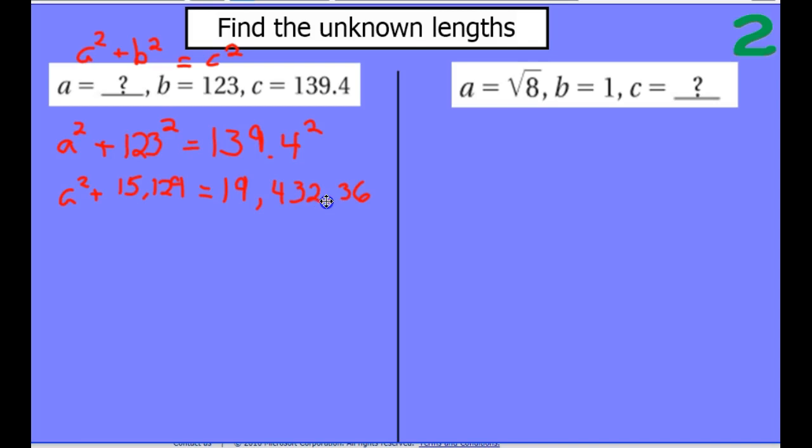Alright, so what we need to do now is get a by itself. So we need to subtract 15,129. Just like any other equation, we're getting something by itself, so we need to get rid of everything else. So subtracting 15,129 over here.